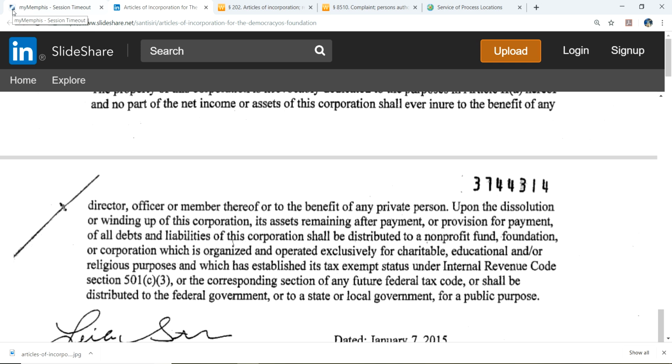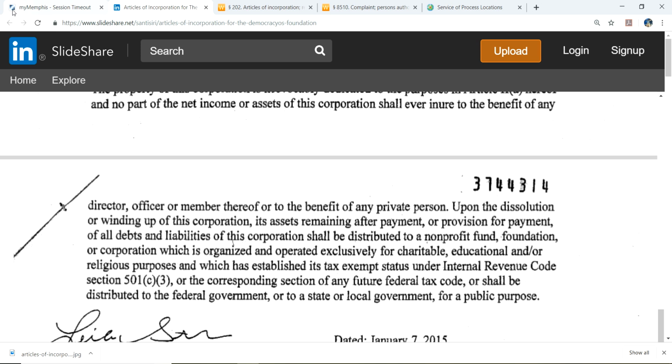Okay, so the last part that I actually wanted to cover here on the Articles of Incorporation, it says, upon the dissolution or winding up of this corporation, its assets remaining after payment or provision of payment of all debts and liabilities of this corporation shall be distributed to a nonprofit fund, foundation or corporation which is organized and operated exclusively for charitable, educational, and or religious purposes, and which has established its tax-exempt status under Internal Revenue Code Section 501(c)(3) or the corresponding section of any future federal tax code, or shall be distributed to the federal government or to a state or local government for a public purpose.